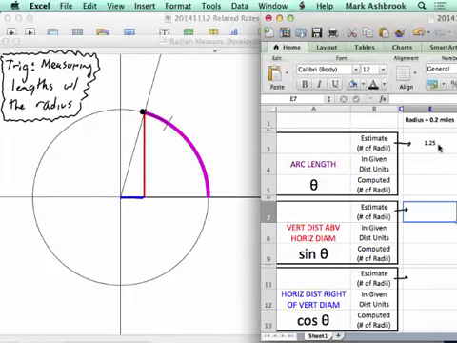And our estimate for sine? 0.95. And then for the estimate of that blue segment, the horizontal distance in terms of the radii, 0.25.